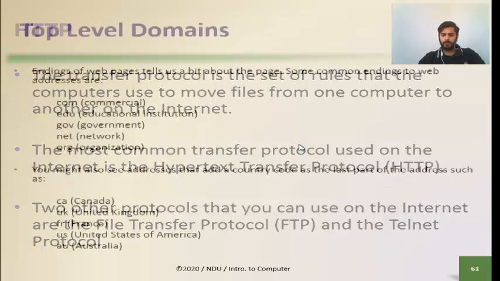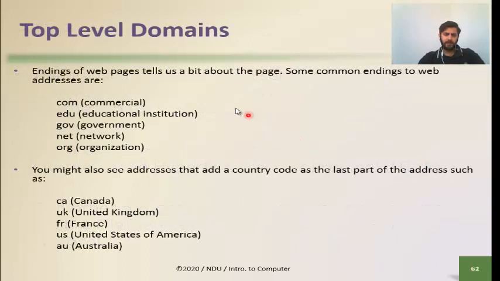For web purposes, transferring files from one client towards the other server, we prefer the HTTP protocol. And then you have the top level domain, and you see a hierarchical order associated with your domains here. If you have .com, it means it's a commercial website. .edu means it's an education institute, just like NDU.